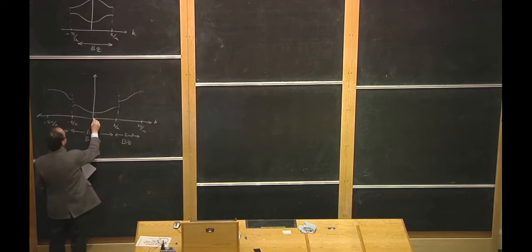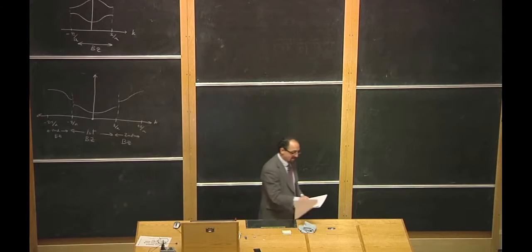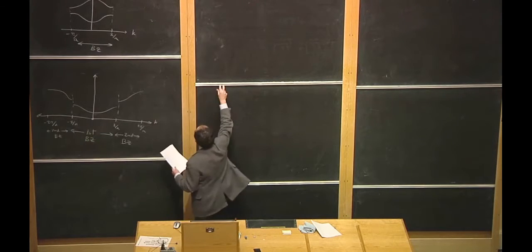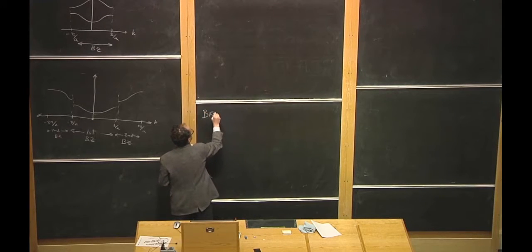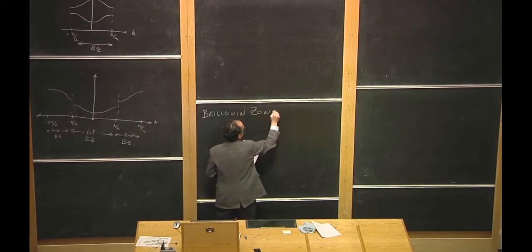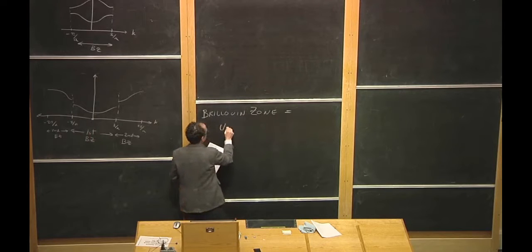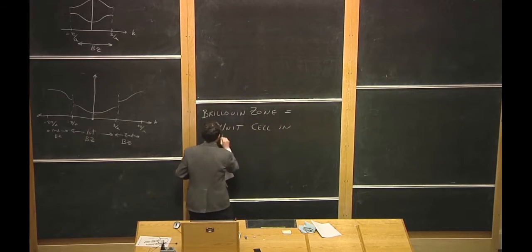And so it's useful, there's K equals 0 right in the middle, it's useful to try to generalize this concept to 3 dimensions or higher dimensions. So let's do that. So generally, the Brillouin zone, since we're thinking about electrons in 3 dimensions, is always going to be defined as a unit cell in reciprocal space.